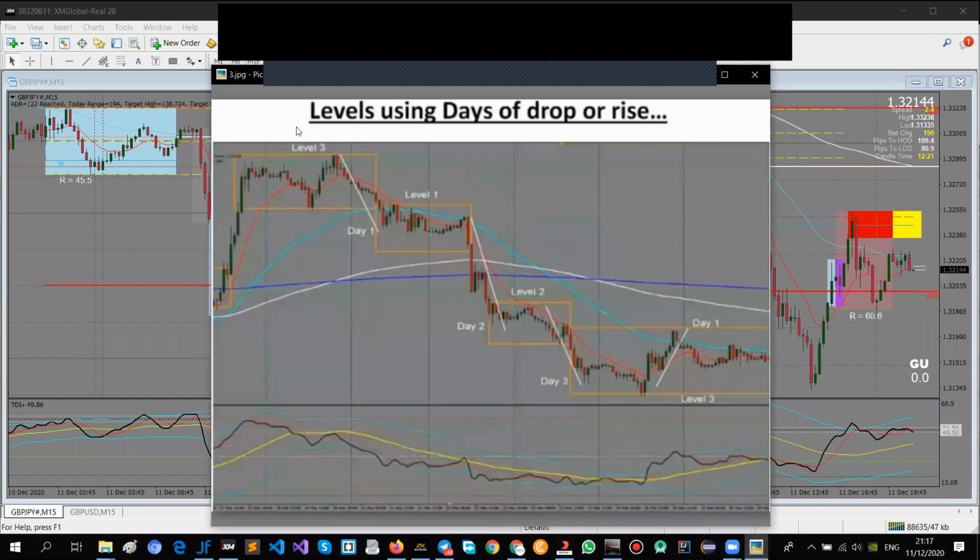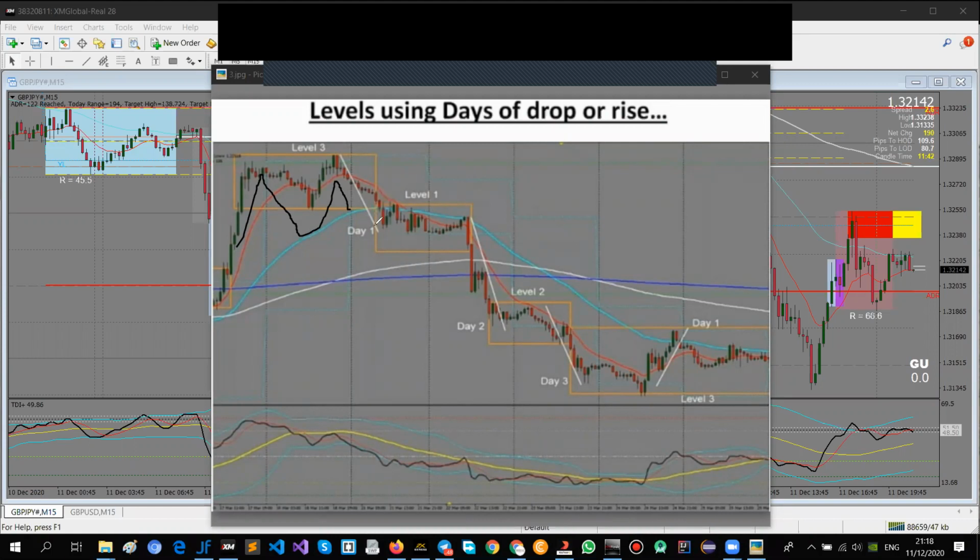For counting levels using days of drop or rise, as you can see right here on this slide, the level started being counted at level 3. We can see by an M right here being formed. And this is day 1, indicated in the orange box here. This is level 3 of the previous levels from the previous week.